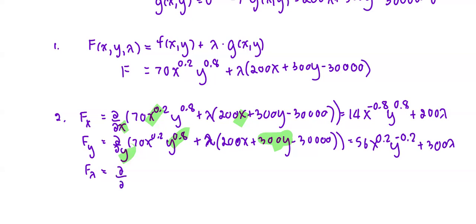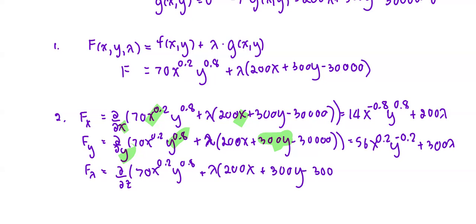And the last one, with respect to lambda, is the same as the constraint function g(x, y), which is 200x plus 300y minus 30,000.